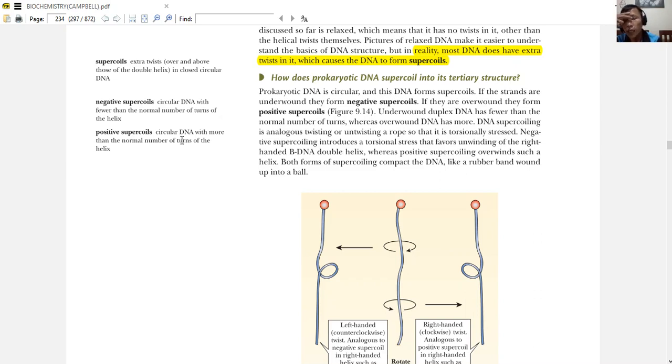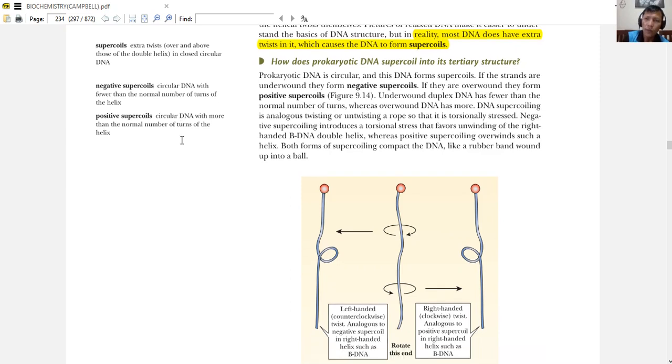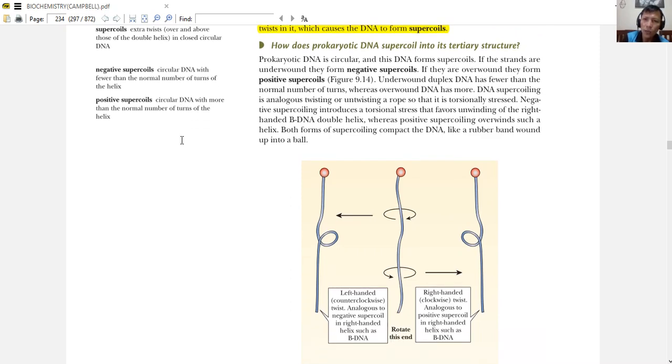So another probable application, why they discuss supercoils, is that supercoiling has something to do with the energy needed to denature DNA.